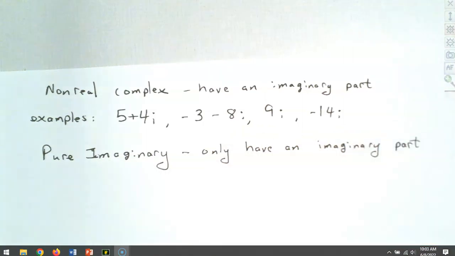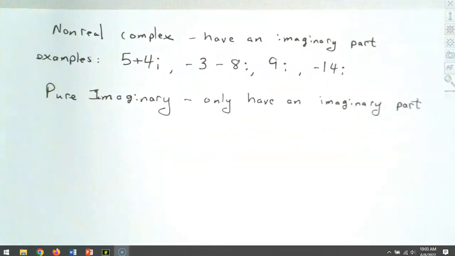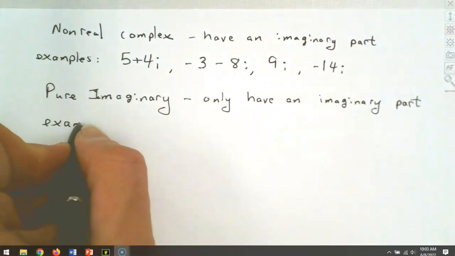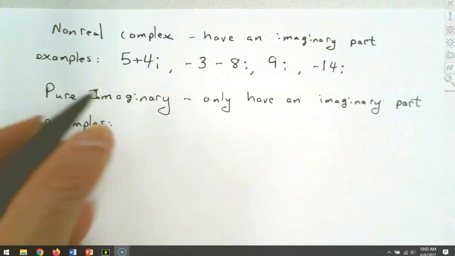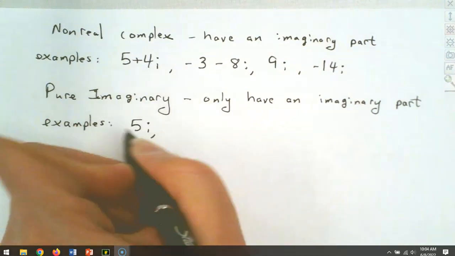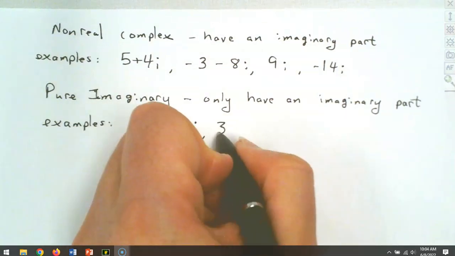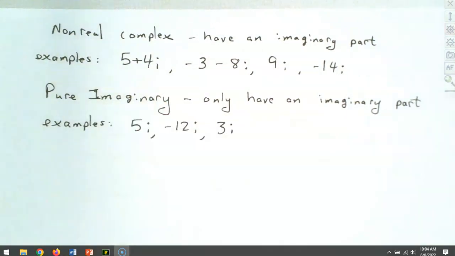Here are some examples of pure imaginary: 5i, minus 12i, 3i. Those are called pure imaginary, because they do not have a real component.